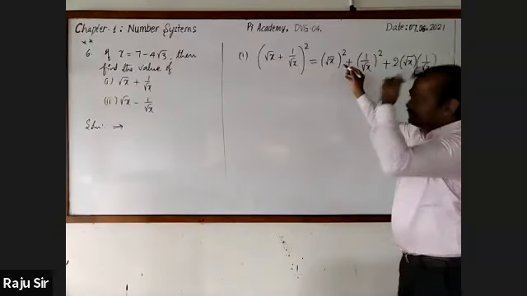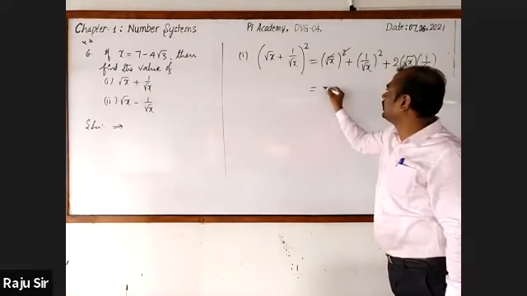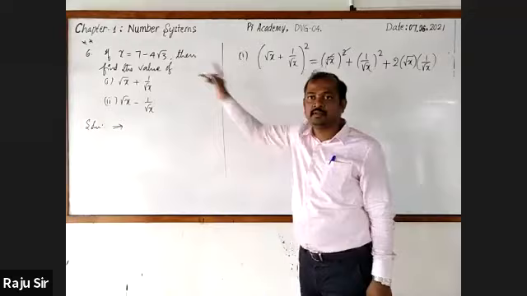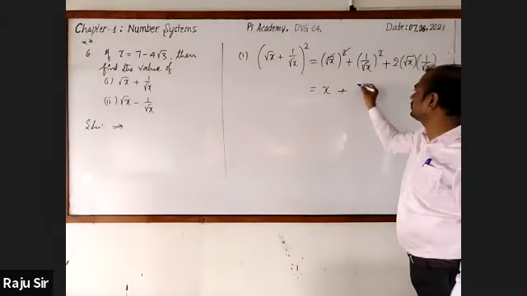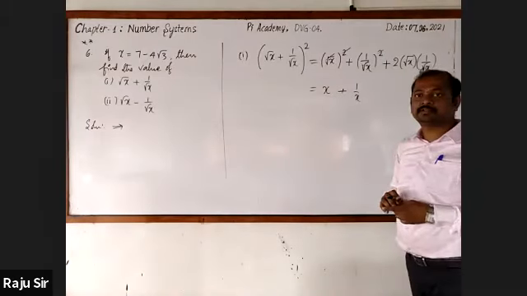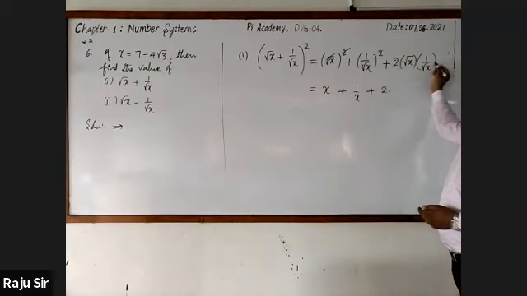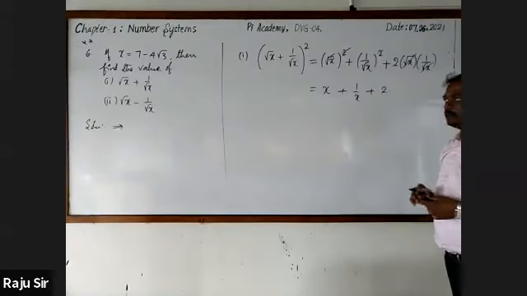Here again, the square root gets cancelled. We got x. There is the x value. Next, 1 by root x whole square is 1 by x. Plus 2 into root x gets cancelled. 2 into 1 is just 2 only.